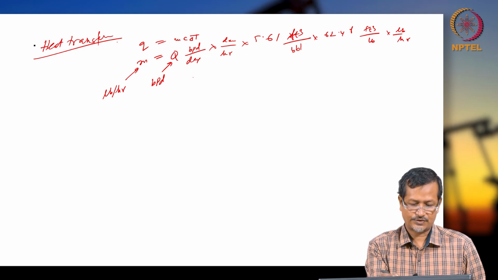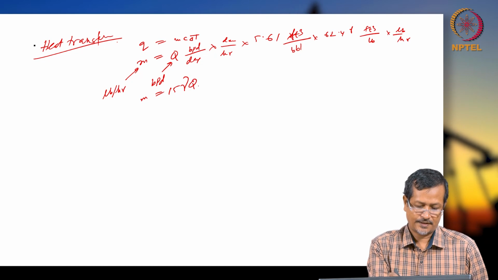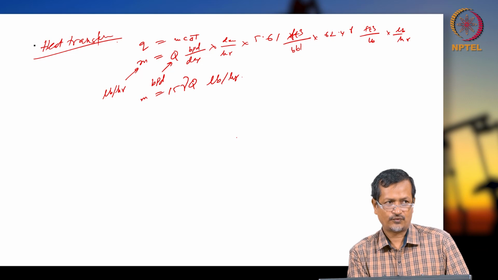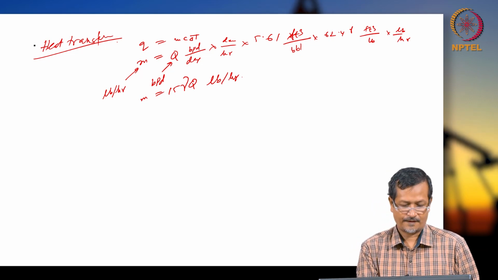So this gives m equals 15 γ q lb per hour. If you are given q in BPD, then you can convert to pounds per hour.